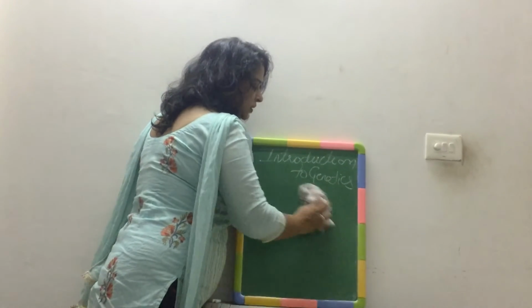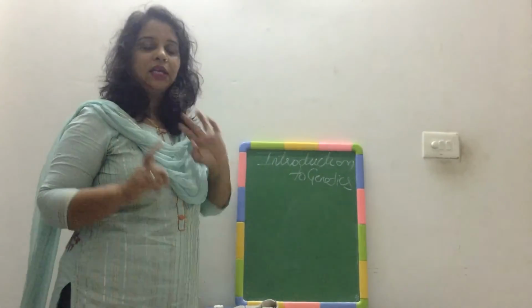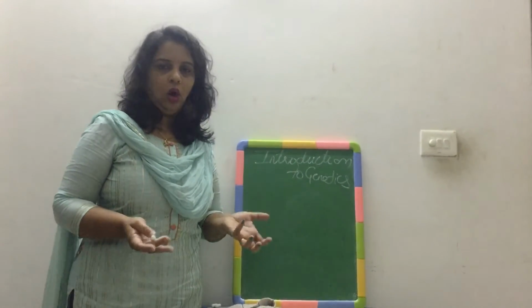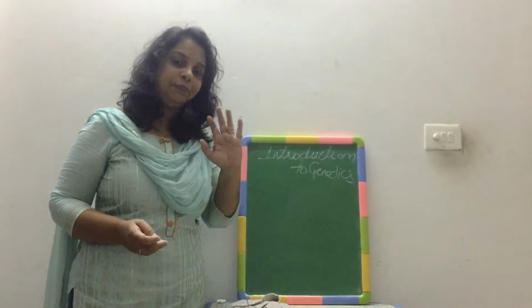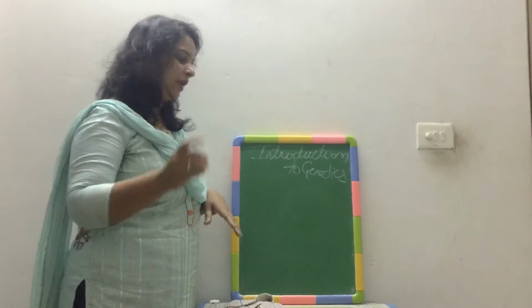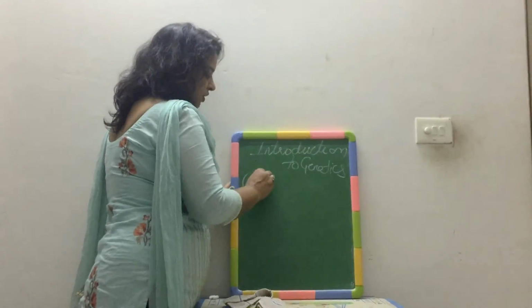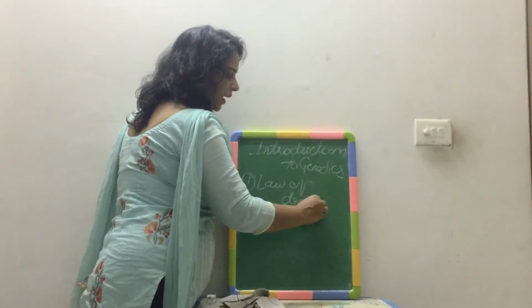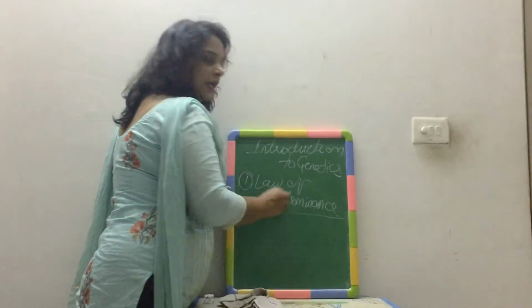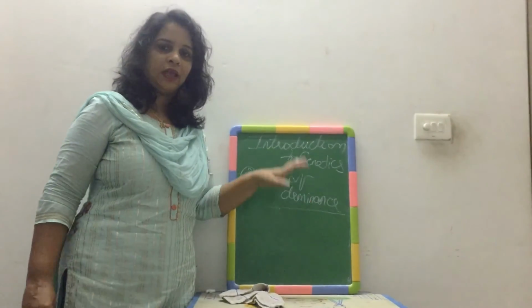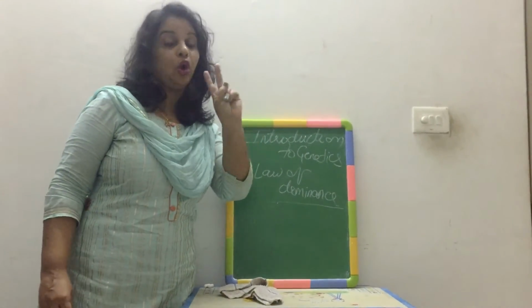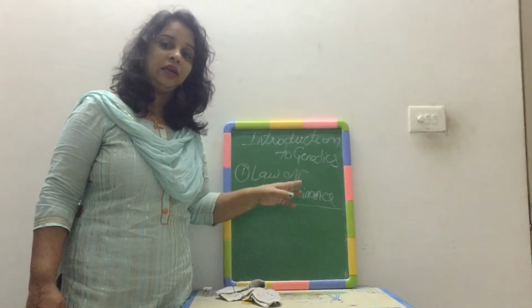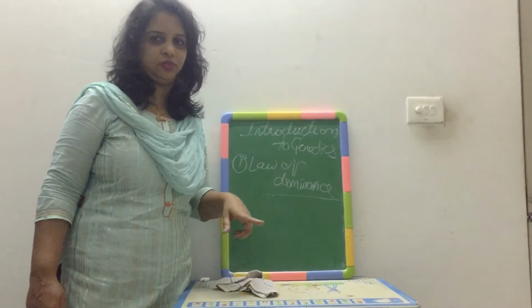Next important is Mendel. Now we have seen Gregor Mendel was the father of genetics who discovered all these things. So he, based on all his studies and experiments, gave 3 laws. The first law is called the law of dominance. What does it indicate? As the word indicates, he said that there are 2 contrasting factors, and those factors are either dominant or recessive.